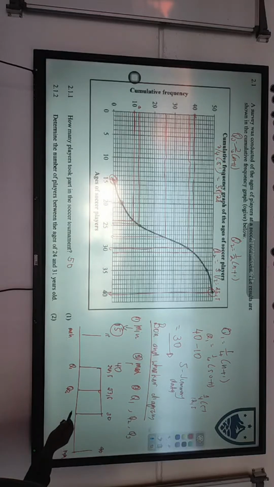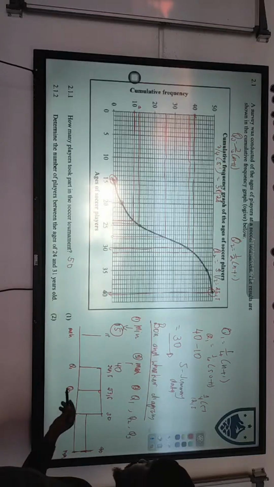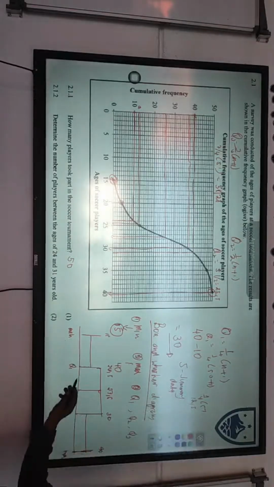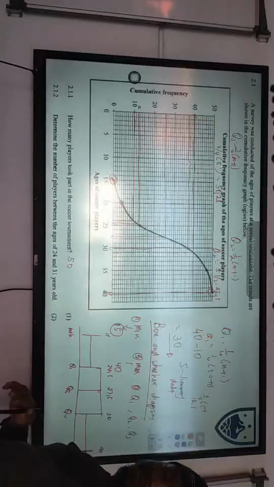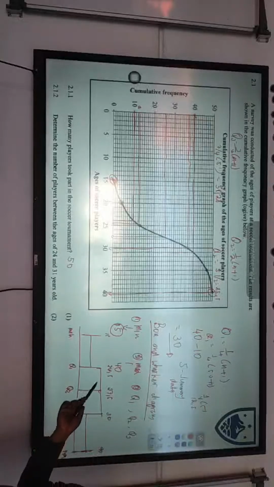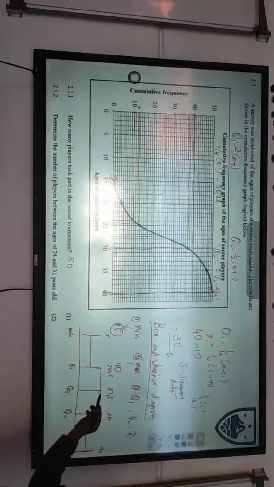And then we combine Q1 and Q3, and this becomes our whiskers. And that's our box and whisker diagram. Now, I want you to check from your diagram, if you move from 24,5 to 27,5, how many units do you move?